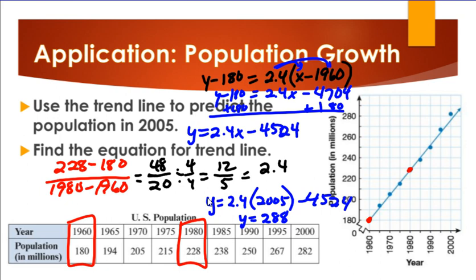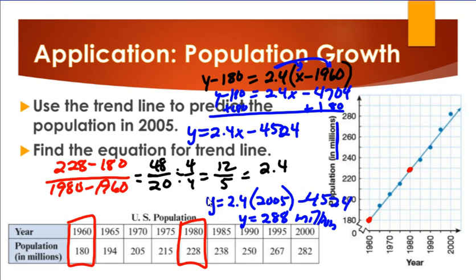But remember, just looking at the numbers, the y is in the millions. So we would say about 288 million people would be the population in 2005. Now that's just a rough estimate because of the points that we chose.